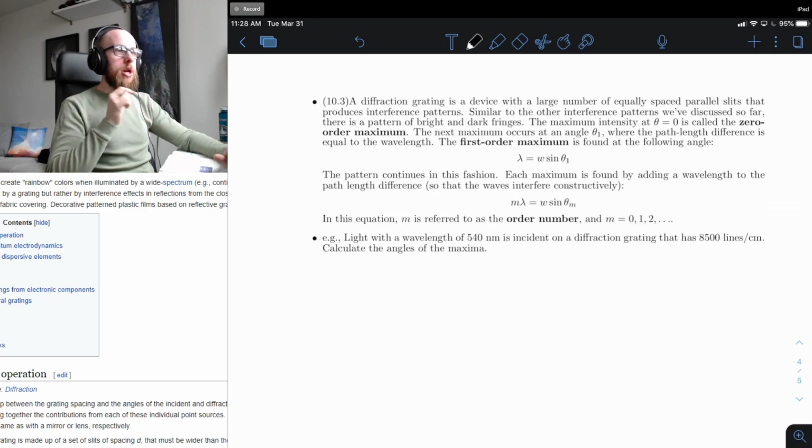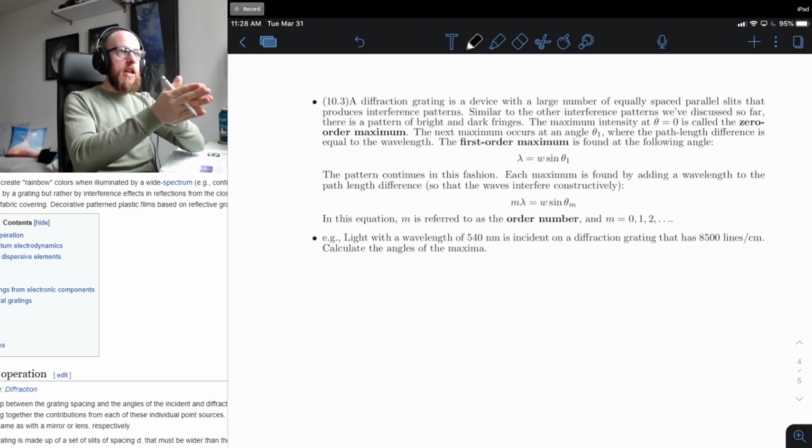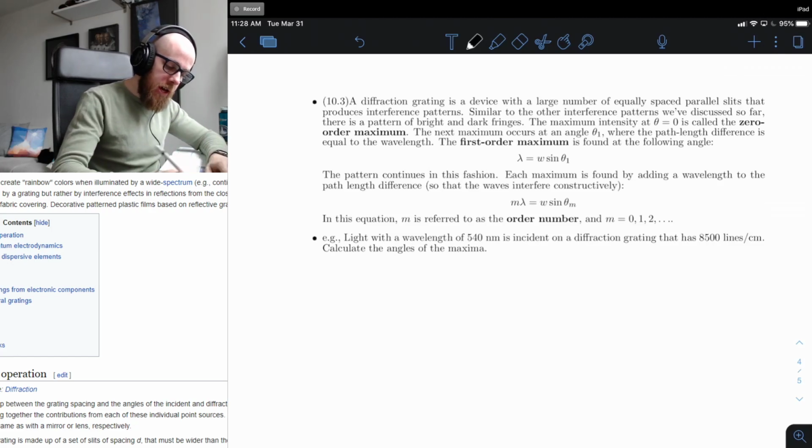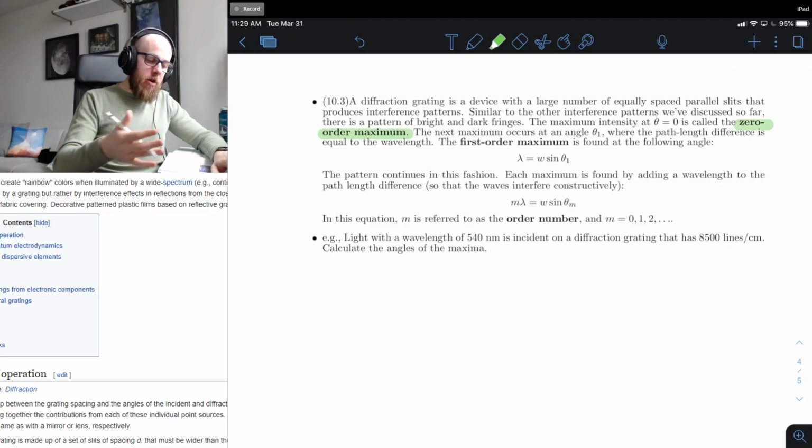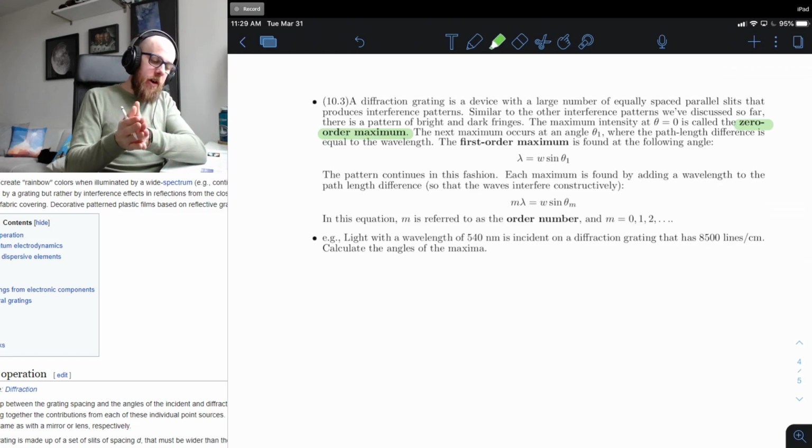A bright fringe. The maximum intensity when theta is equal to 0, so right in the center of our pattern, we call the zero order maximum. Okay. And then the next maximum occurs at a certain angle away from that.